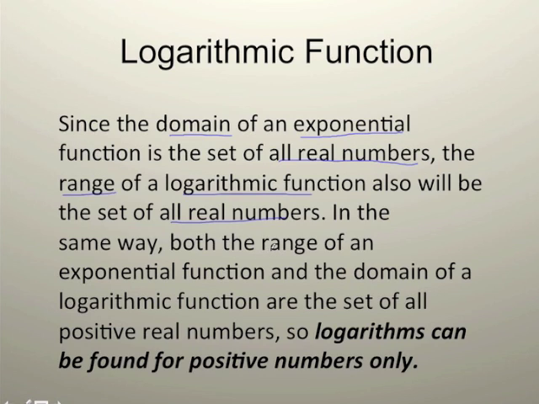And the range of the exponential function and the domain of the logarithmic function will be the set of all positive numbers. So logarithms can be found for positive numbers only.